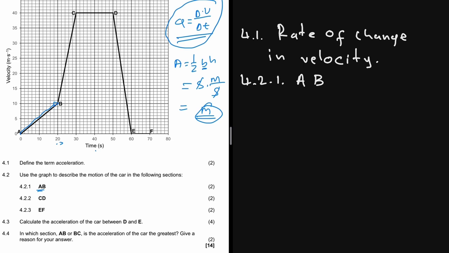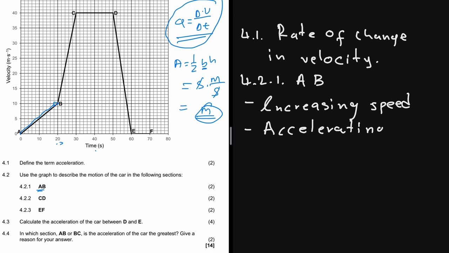So we can say, from A to B, the car is increasing speed or velocity. And if it increases the speed, that means the car from A to B is accelerating at a constant acceleration.